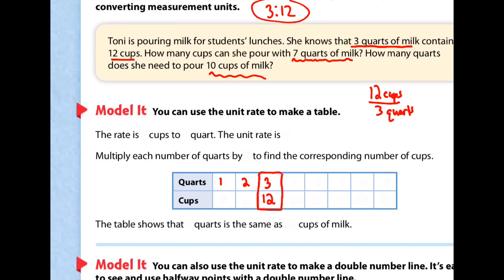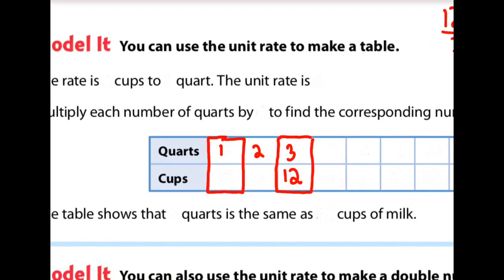Now to get the rate, I have to figure out this column here. How many cups are for 1 quart? Notice here, I'll switch to purple and zoom in a little bit, that 3 times 4 is 12, right? So that means that 1 times 4 will get us our answer of 4.